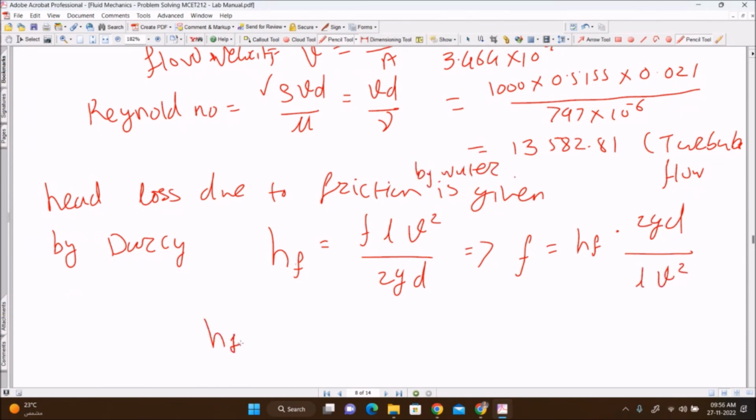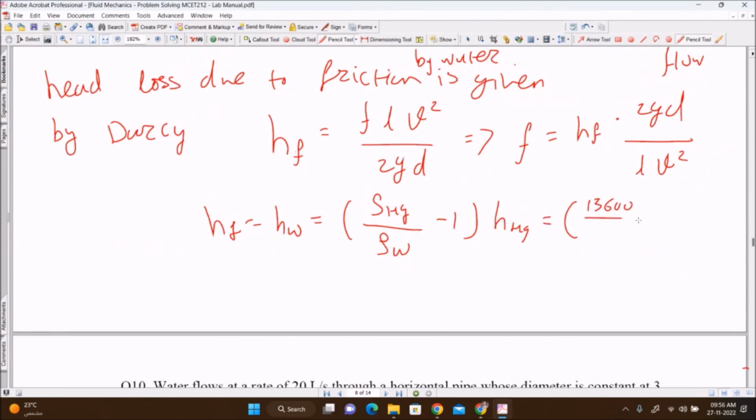I need HF, which is equal to HW, which is equal to rho of Hg by rho of water minus 1, times H of Hg. So as water is flowing, a mercury manometer is used. This gives 0.0278 meters of water.